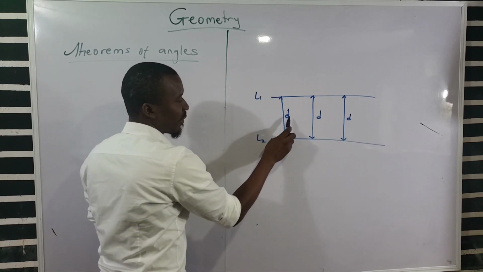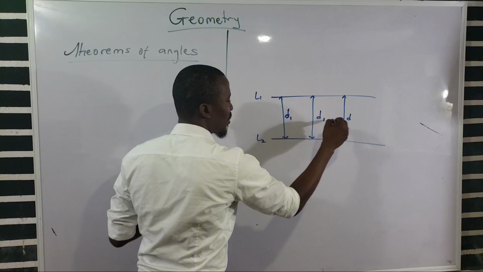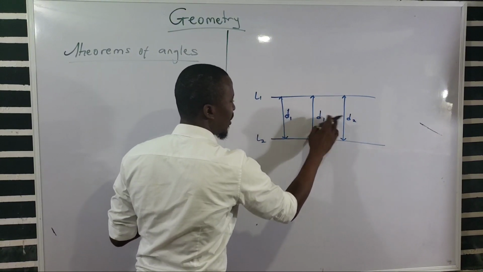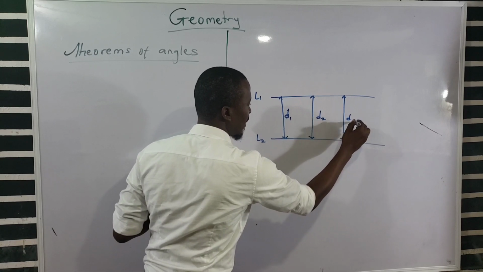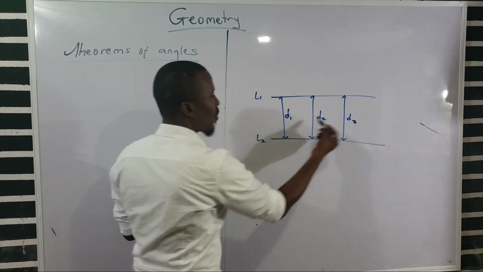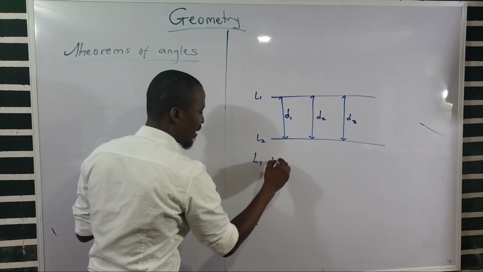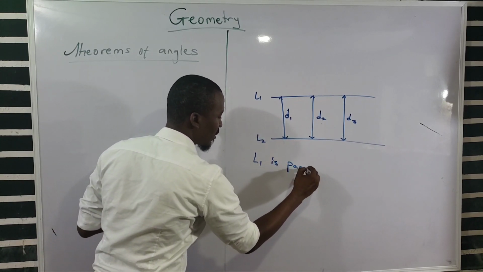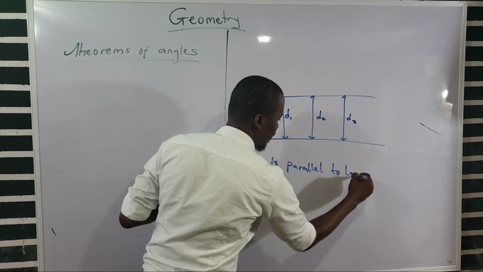So if D1, D2, and D3 are equal, if they are all equal at any point, then we now say that line 1 is parallel to line 2.